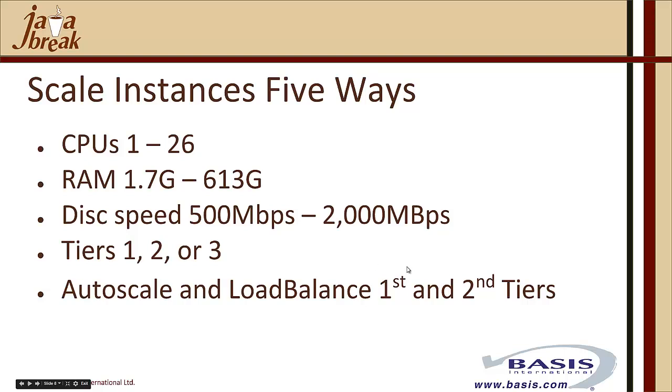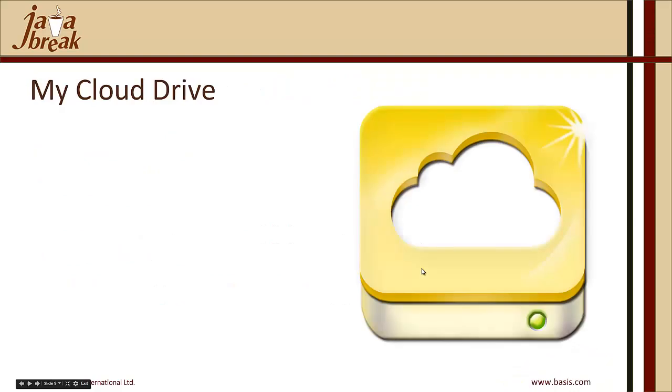So if you need those features and the ability to have multiple machines at either the first or second tier or both tiers, it's all possible with a couple of clicks of the mouse on the interface that you have up in the cloud.